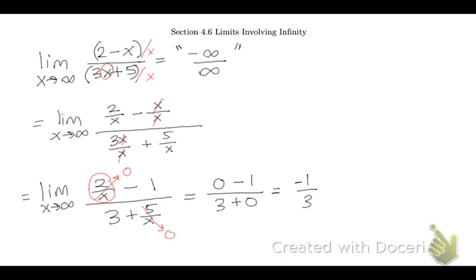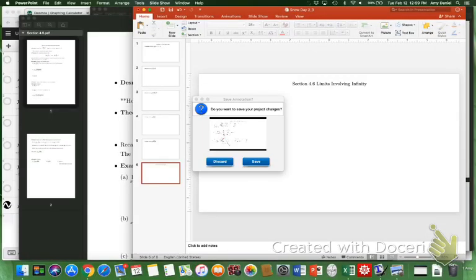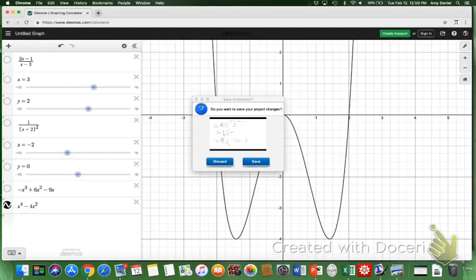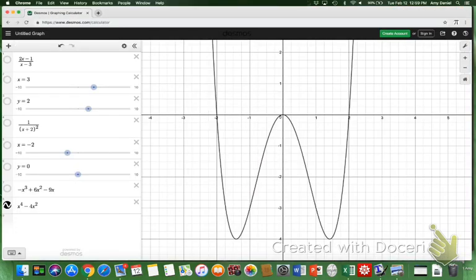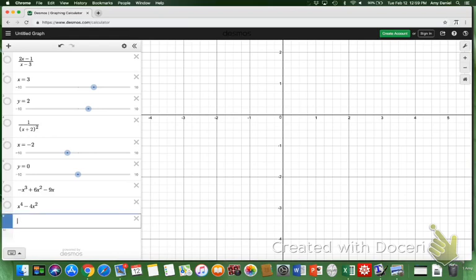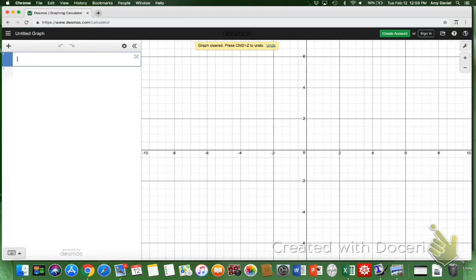All right. So if I go over to Desmos and I graph, let's see if this thing will let me do that. All right, so I'm going to go over to Desmos and clear out that function right there. All right, and let's just start with a blank one.